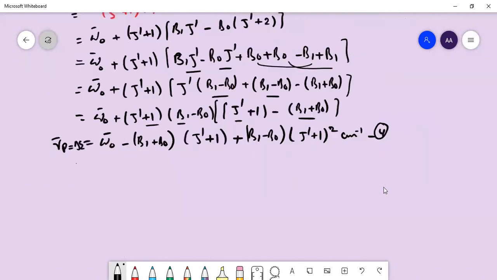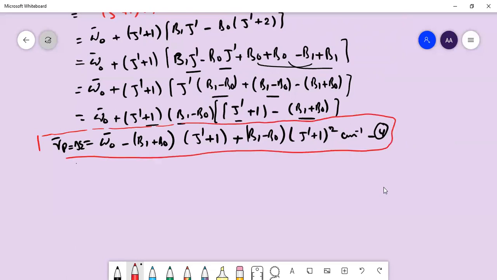So now I have an equation which will solve the P branches. This is the equation for the P branches of the spectrum, or we can say the branches which have lower frequency as compared to our band origin, that is omega naught.